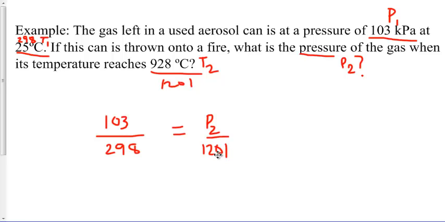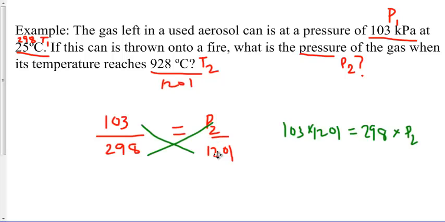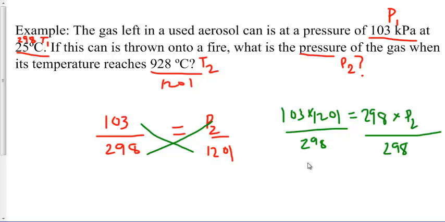The easiest way to solve is to cross multiply: 103 times 1201 equals 298 times P2. I suggest that you pause and try to calculate it for yourself, and also think about what unit you would use. As we divide both sides by 298, we should end up with 415.